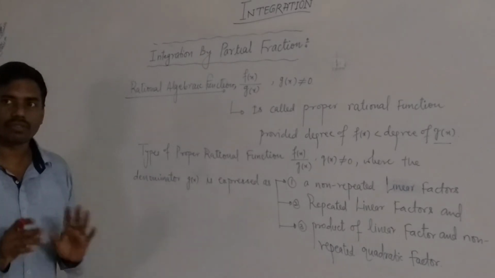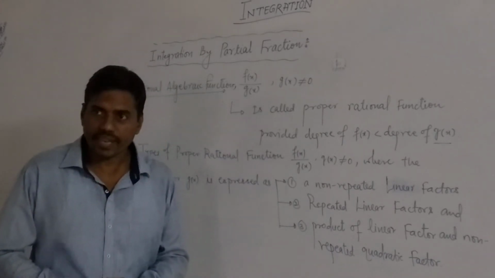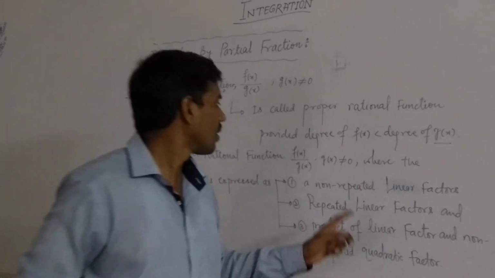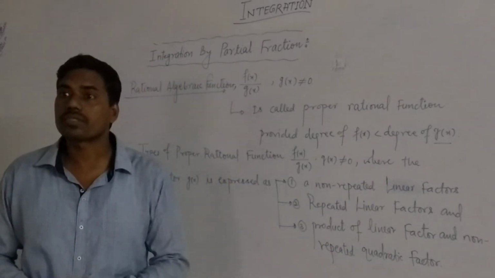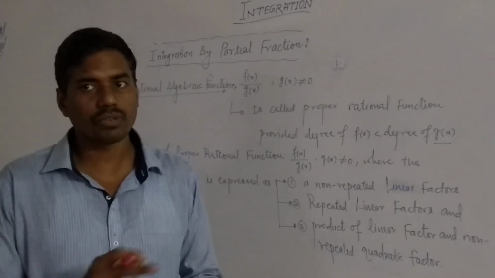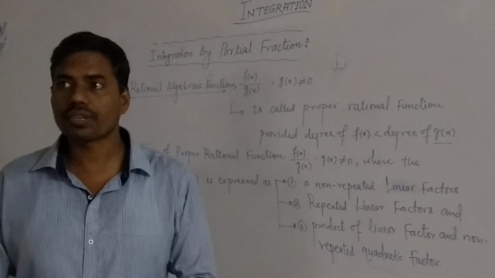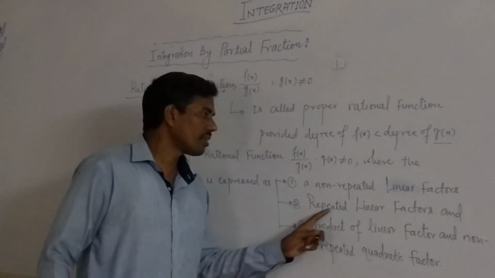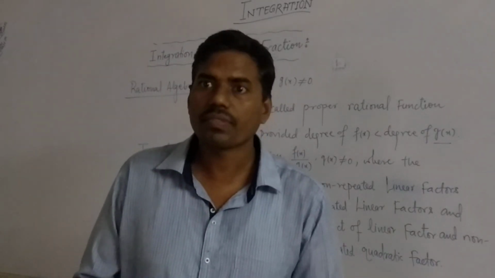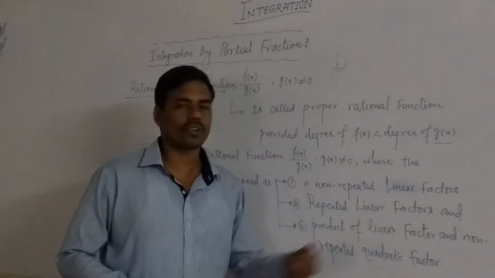Dependent on g of x. The first condition is if g of x is expressed as non-repeated linear factors. Okay, this one is the first type of proper rational function. The second one is repeated linear factors. The first one was non-repeated linear factors, but the second is repeated linear factors.